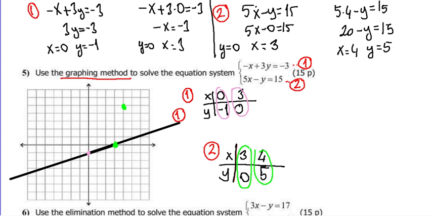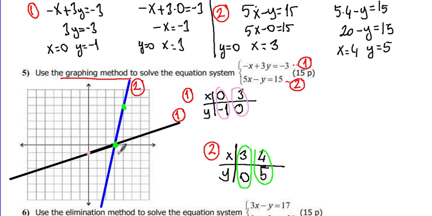I can use a different color actually. And this is my second equation.